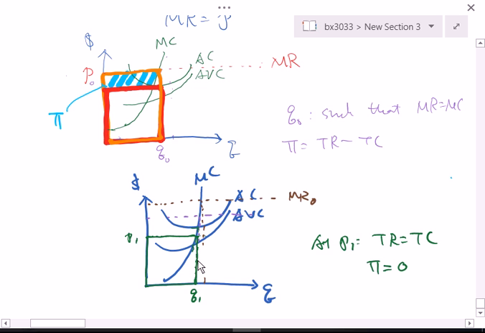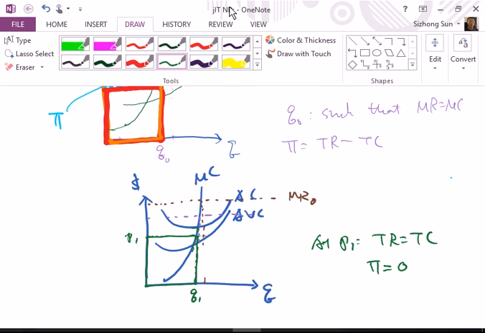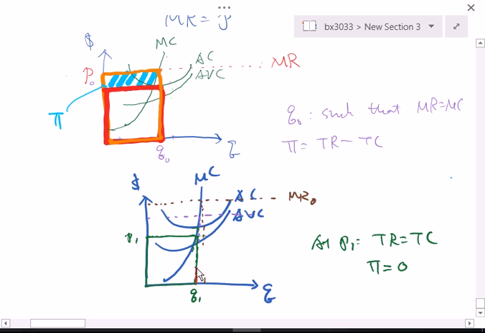Go from quantity up to the average cost and read out the average cost. So total cost is this rectangle. So it's an economic loss. Okay, so this firm is making a loss.